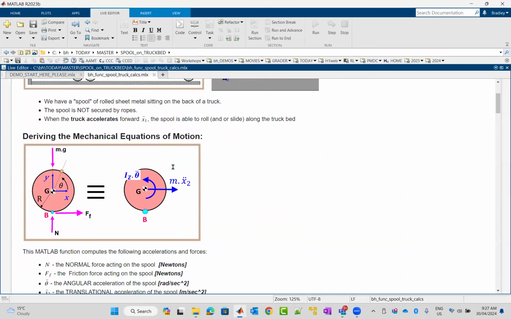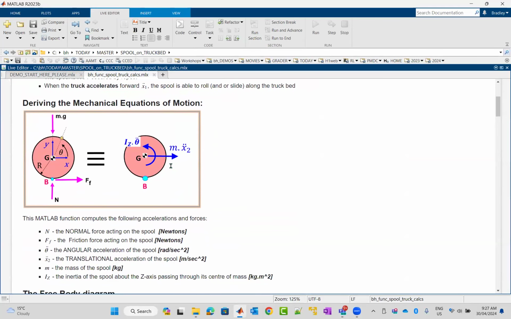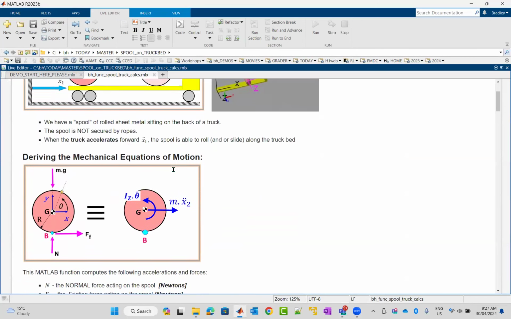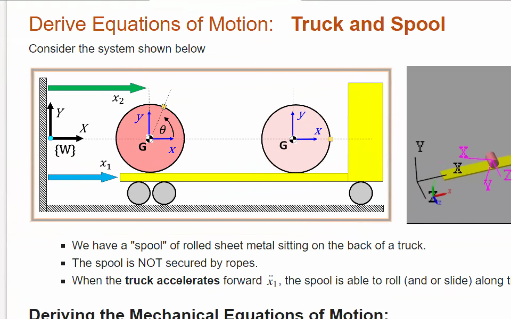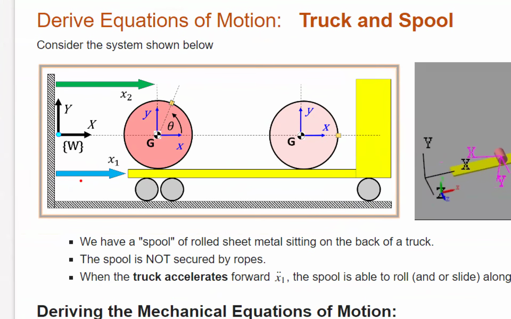We're going to derive the equations of motion using Newton's second law. Let me introduce you to a couple of the parameters that we'll be utilizing. Let's start with this graphic. We have x1 as the degree of freedom for the truck bed. So in our subsequent derivations, you will see expressions such as x1 double dot, and this denotes the acceleration of the yellow truck bed.